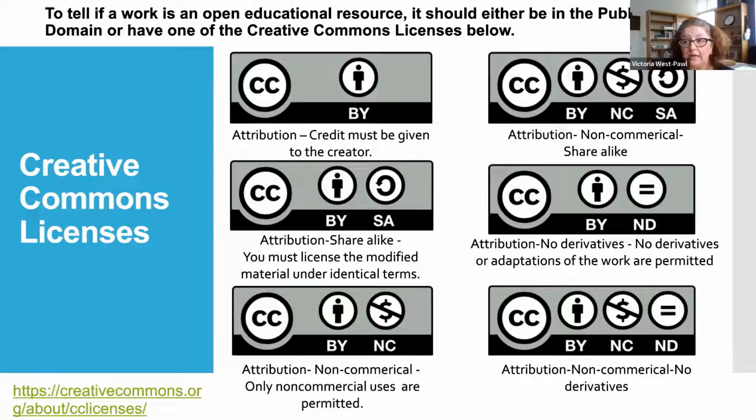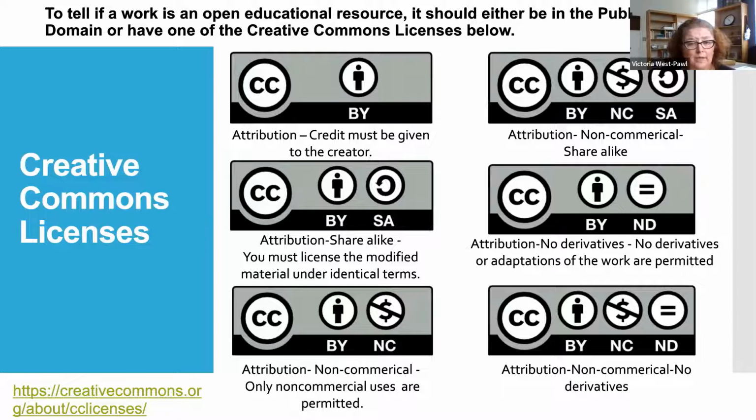So you'll see the first license in the middle there at the top of the column. This is attribution. It has the CC logo for Creative Commons, and the logo underneath it says BY, and this license is saying that you must give credit to the creator.